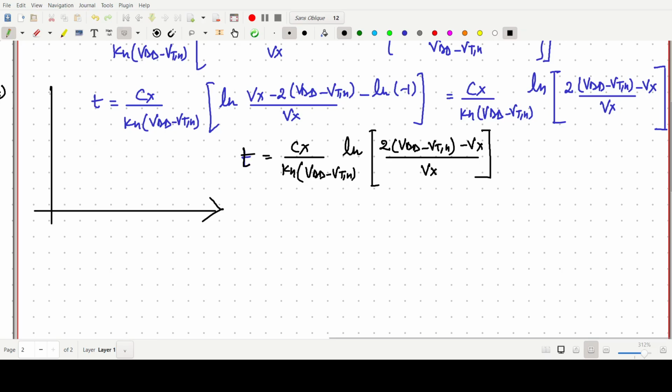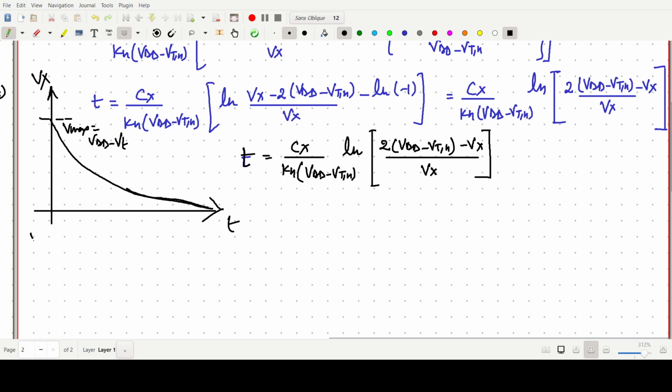for zero transfer, if you go like this, this is Vx and this is the time axis. This Vmax will be, at the start, VDD minus VT, so it will decrease down to 0. So this is the variation of Vx as a function of time.